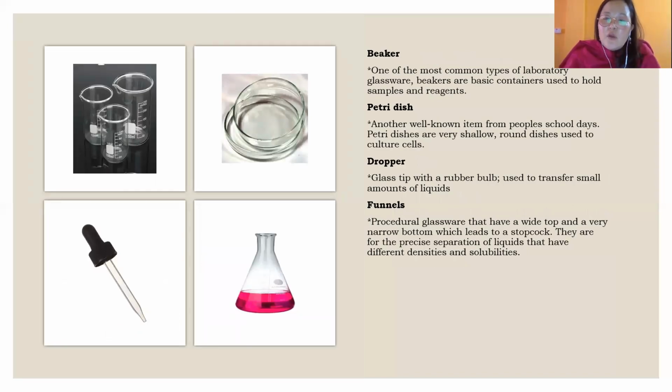Beaker is one common type of laboratory glassware. Beakers are a basic container used to hold samples and reagents. Petri dishes are a round dish with a cap, mainly used for culture purposes. Droppers are glass tips with a rubber top, used to transfer a very minute amount of chemical from one place to another.